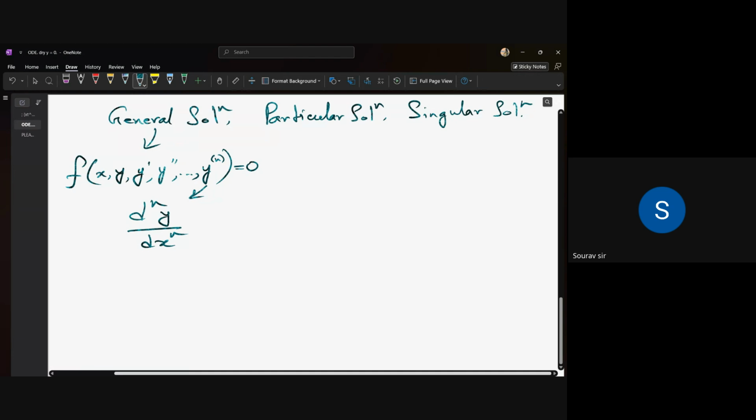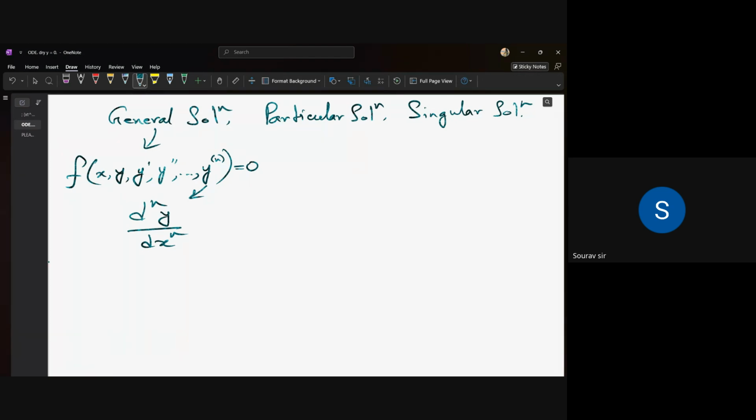Okay. So just let us take a differential equation to think about this. So how can we solve that? We have to use the auxiliary equation here.